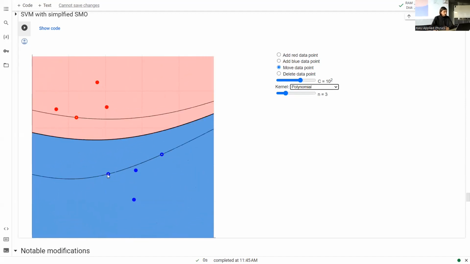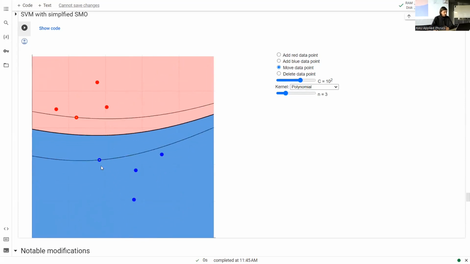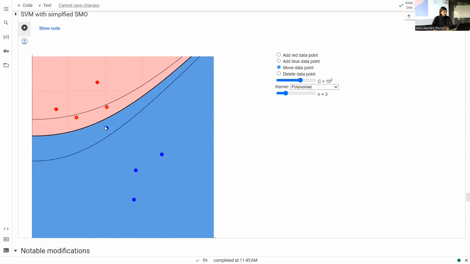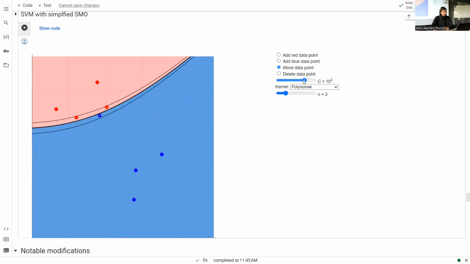I can use different kernels and I will get different lines depending on the kernel I chose. And I can use different restrictions on the parameter C. So let me make C bigger and bigger. It's 10 to the 4th now. And now you see what my restriction has done.